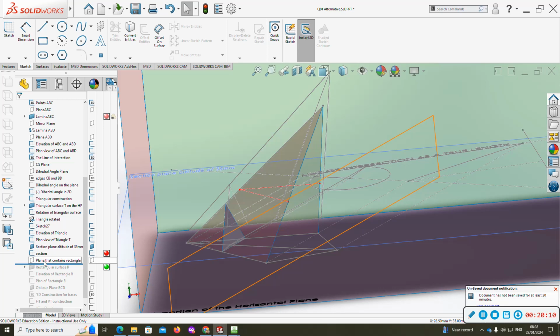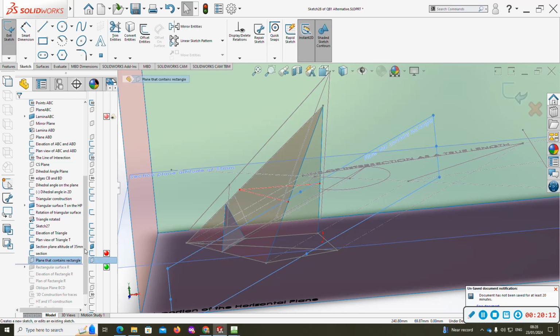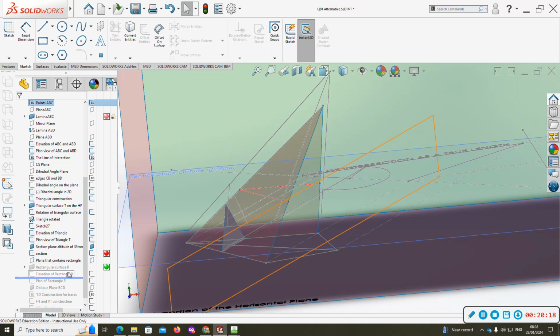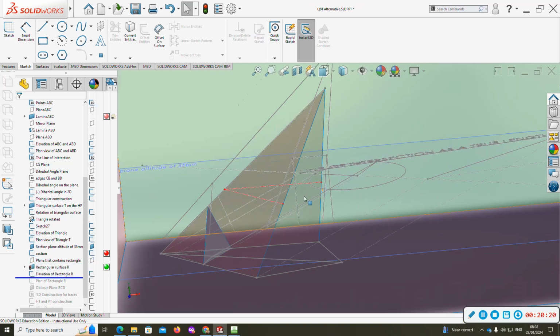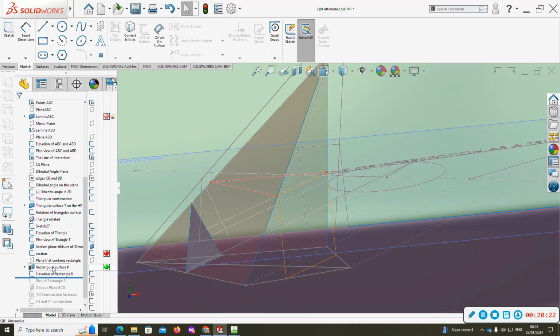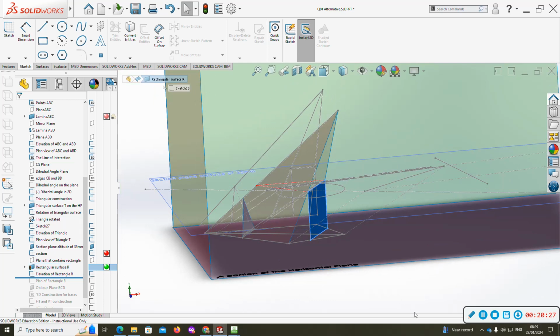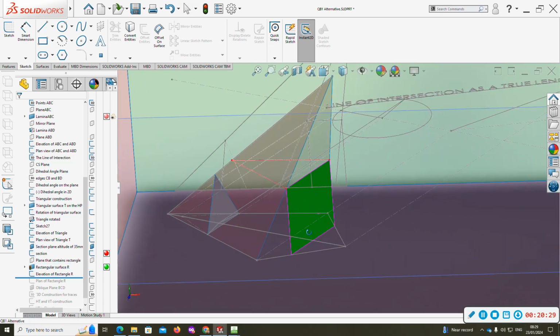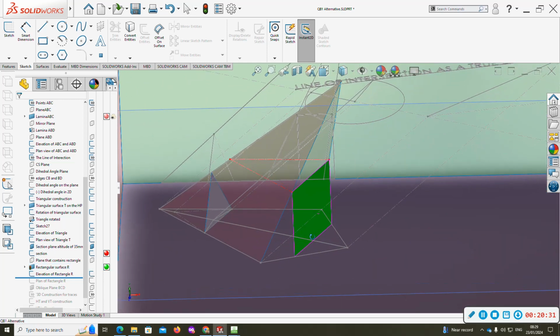Here's the plane, it's going vertically down, and here's the rectangular surface containing R. So we can put that in.